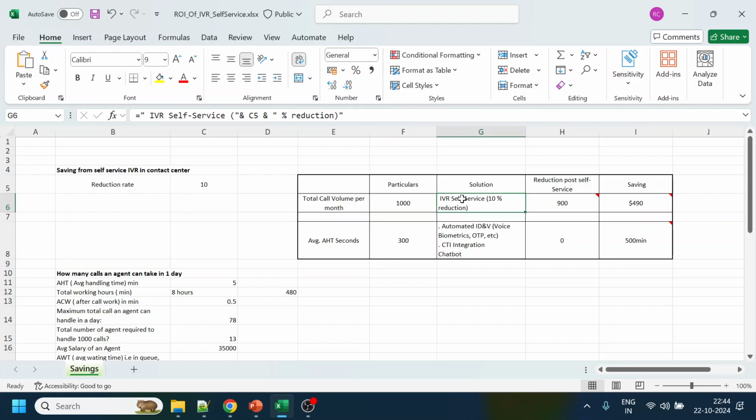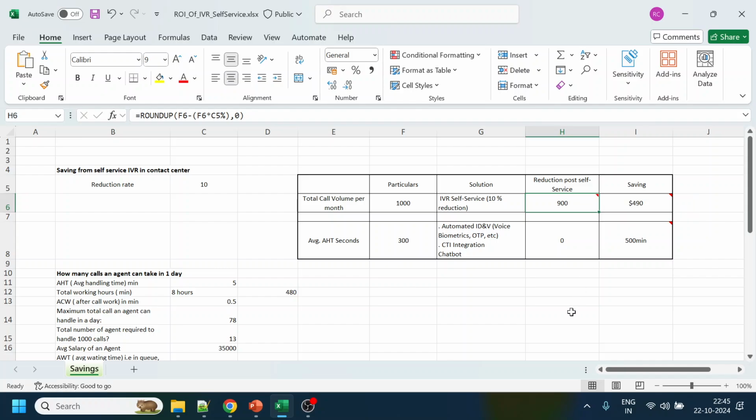They have decided to invest in an IVR solution which will reduce the call volume percentage. Out of those, 10% of calls will be automated. So 10% call volume has been reduced. If there were 1,000 calls, now you are getting 900 calls.